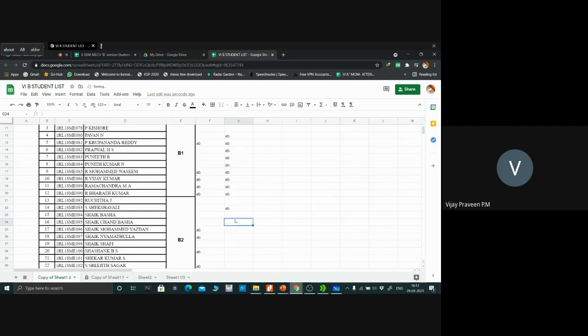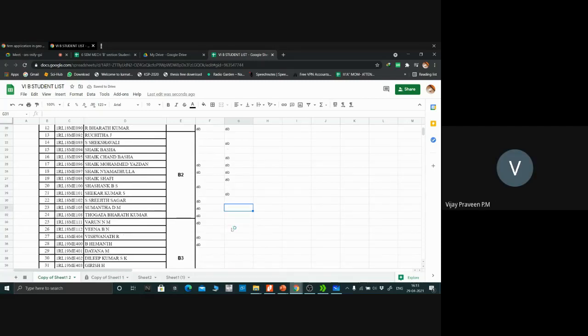Chand Basha, Mohammad Azdan, Nayamutullah, Shafi, Shekhar, Shashank, Sumant, Bharat Kumar, Shrijit Sagar, Varun, Veena, present, sir.